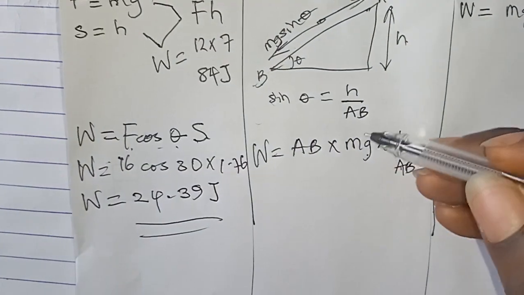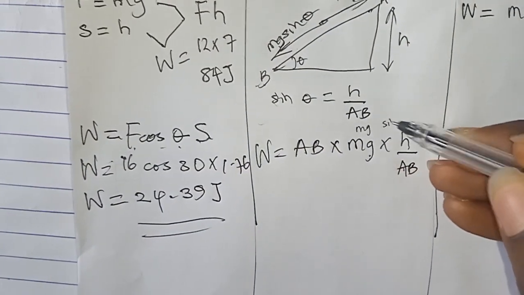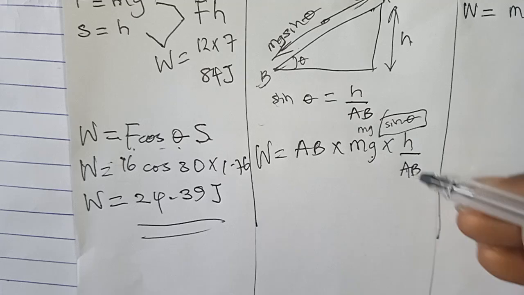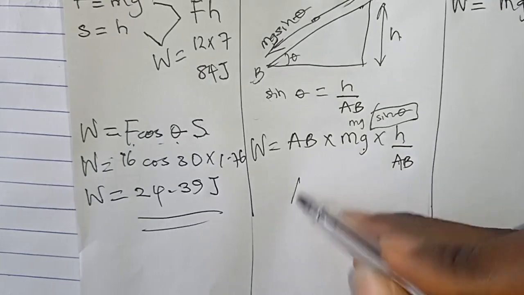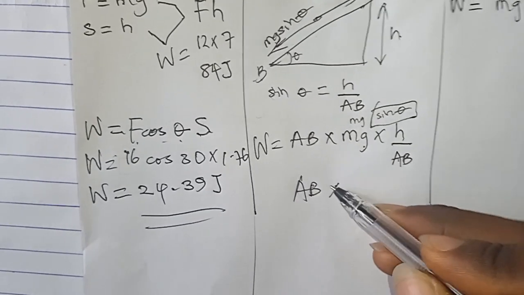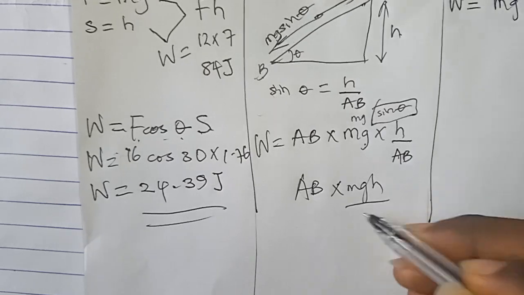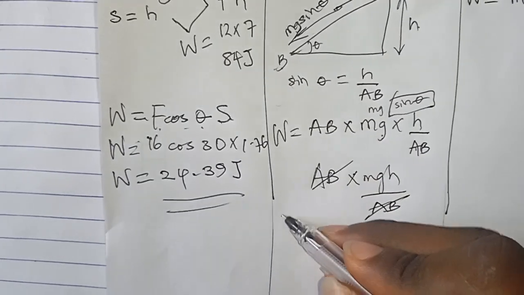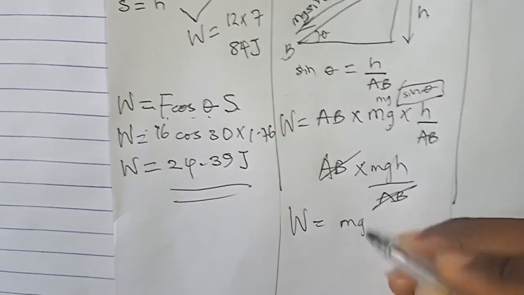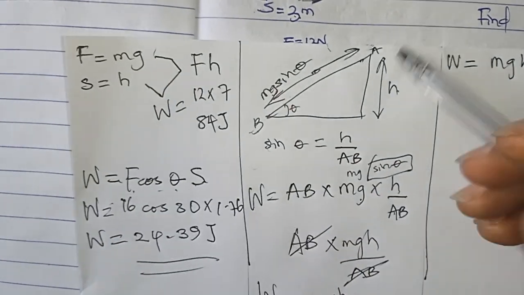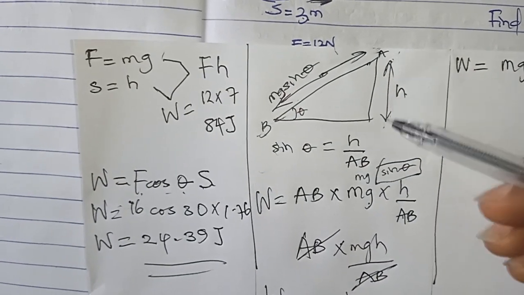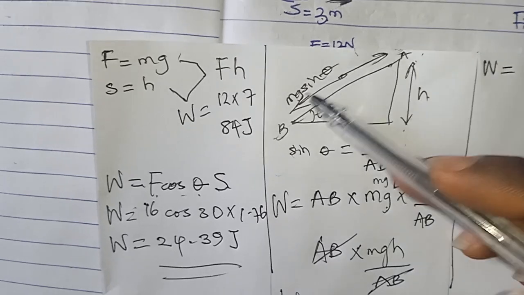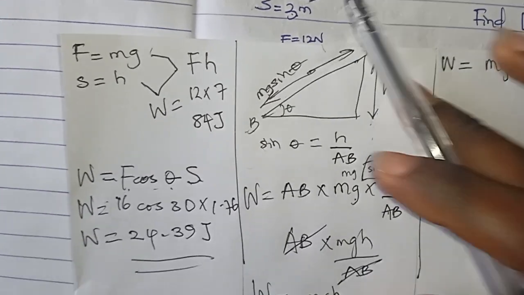So I replaced sine theta with h over AB. So when you put this together, you see that it's AB times mgh over AB. And this will cancel this. So work done vertically is always considered on the vertical axis, the direction, and not the path that it followed. So you need to know that.